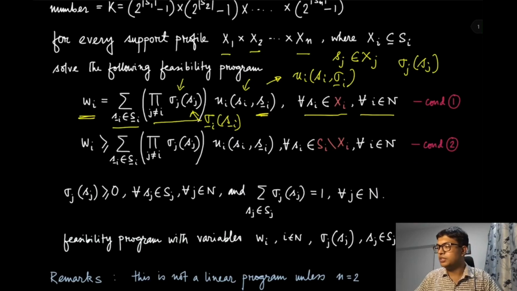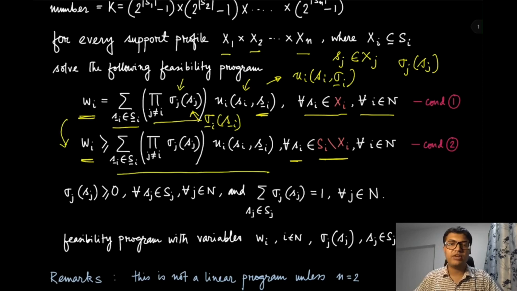Similarly, for all the strategies which are outside this support, that is si in Si minus xi, we have this wi, which is the expected value, that should be at least as much as the expected utility for any strategy that is living outside this support. So this is essentially just writing out the same two conditions in a more expanded form. This is condition 1 of that characterization theorem, and this is condition 2.